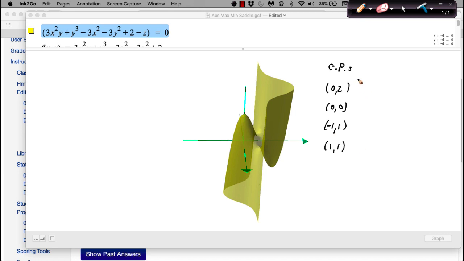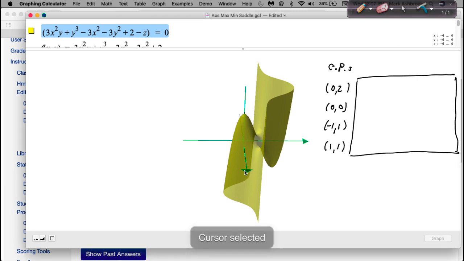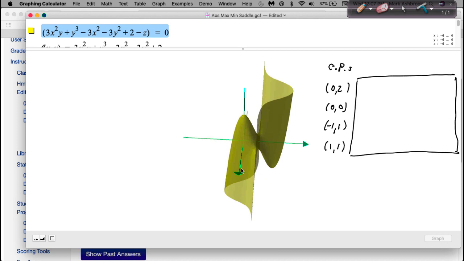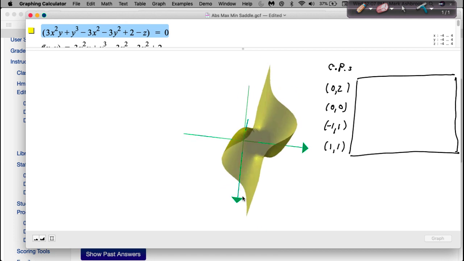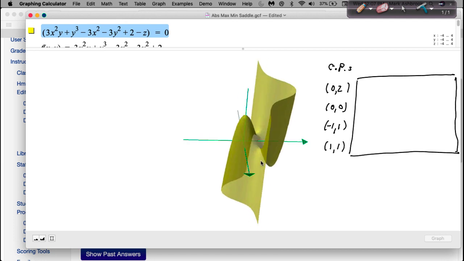Okay, now that we have those 4 that we found algebraically, we could easily compare to the graph to figure out which one's which, right? So obviously 0, 0 is which? Local max, right? And then 0, 2, local min, and then you see there at 1, 1 and negative 1, 1 are the 2 saddle points.